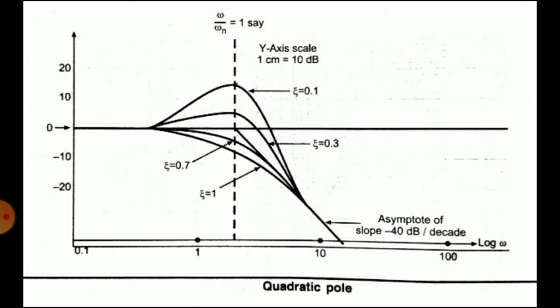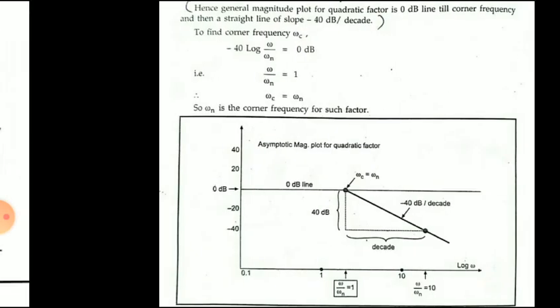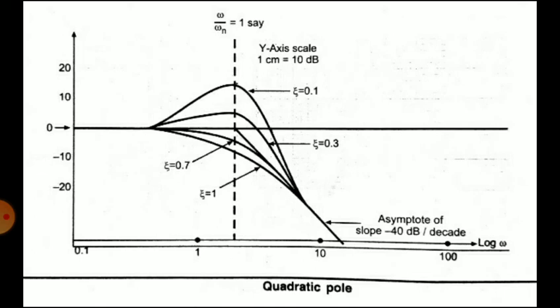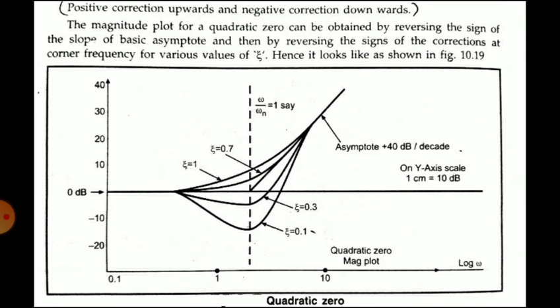If there are quadratic poles, you have to plot this type of curves on omega upon omega n equal to 1 for the different frequencies. And for a quadratic zero, you have to plot the curves as shown. So there is positive correction upward and negative correction in the downward direction.